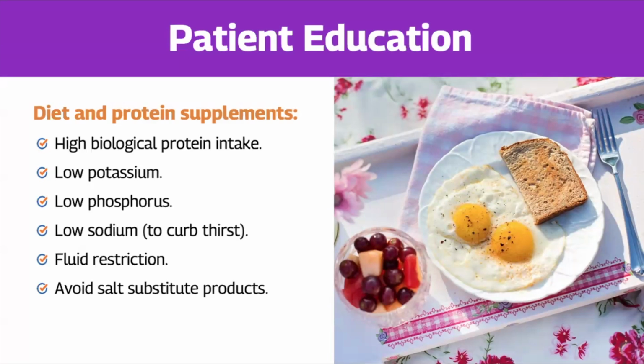There are many sodas that have high phosphorus. Or, I'm sorry, we were talking about potassium, but potassium is a problem with a lot of our fruits and vegetables, so be aware of that. Patients need to be on a low phosphorus diet. Most of our phosphorus foods are dairy products, cheese and ice cream and milk.